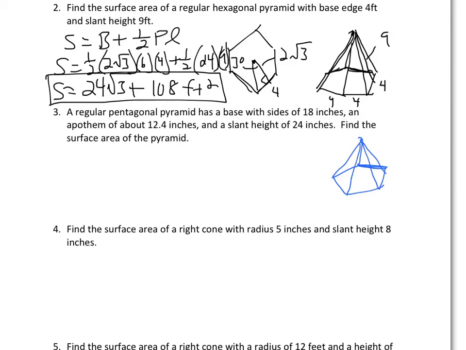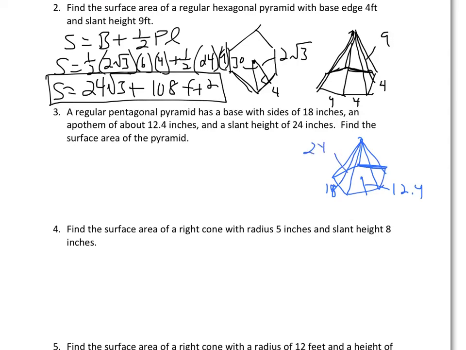Luckily for this one, they give us a whole bunch of information. So we have the sides of the base are 18. Remember, it's regular, so all of them are 18. The apothem of the base, right there, is 12.4. And the slant height, right there, is 24.